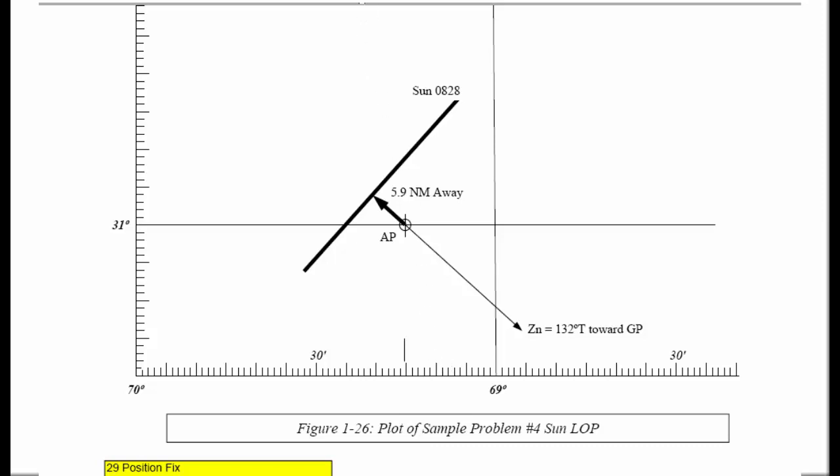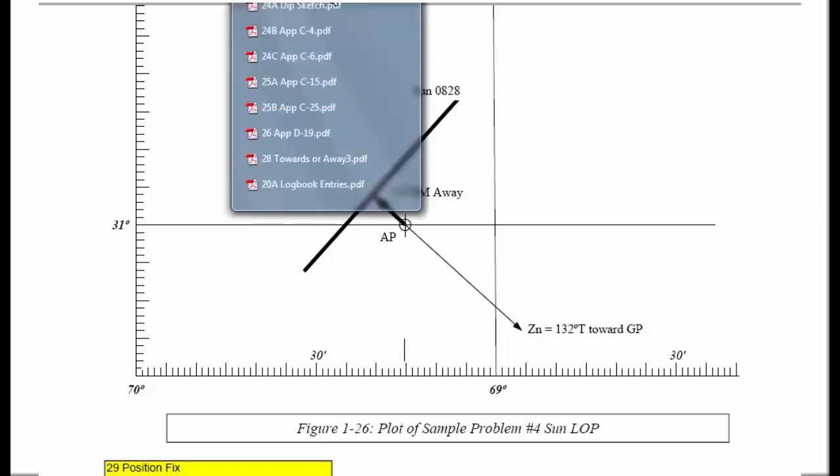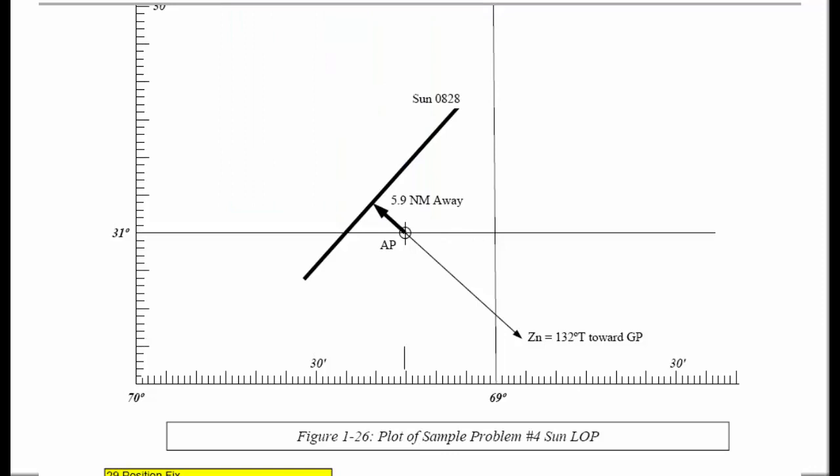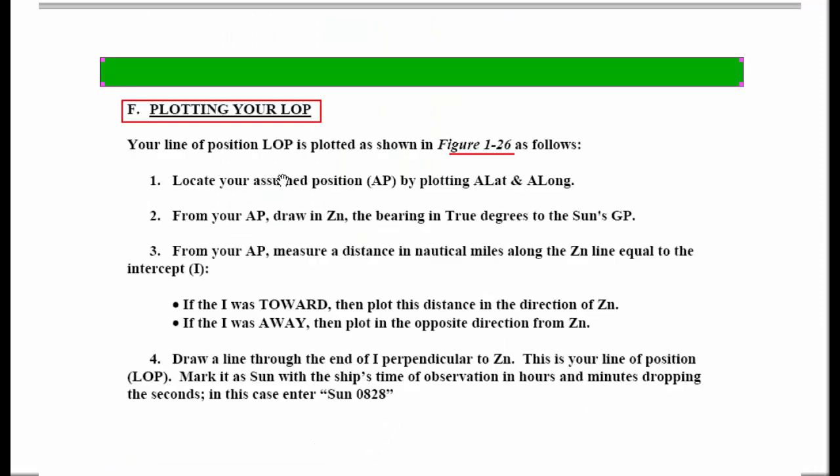And let's go back to the words in the text first, and then we'll come back to this picture. So your line of position is plotted as shown here. Locate your assumed position by plotting A lat and A long. From your AP, draw in ZN, the bearing in true degrees to the sun's GP. From your AP, measure the distance in nautical miles along the ZN equal to the intercept length.